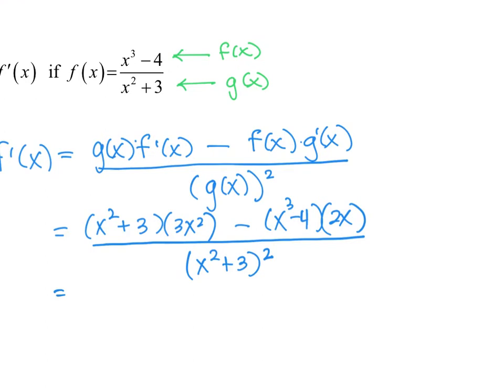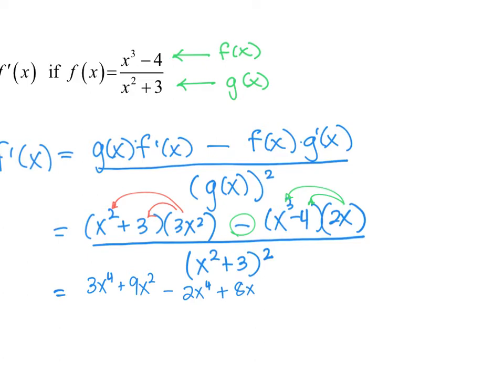So when I distribute the numerator, I'm going to have 3x to the 4th plus 9x squared. And when I distribute the second half of the numerator, including the negative sign, don't forget, I'm going to have minus 2x to the fourth plus 8x.